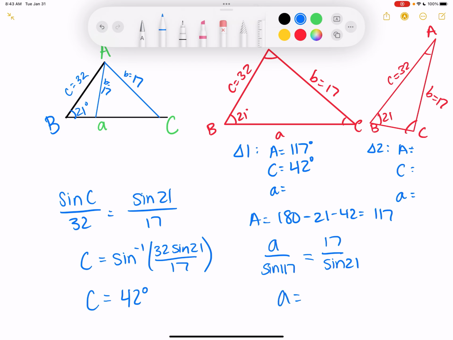So A is equal to 17 sine of 117 over sine of 21. So there's my triangle 1.